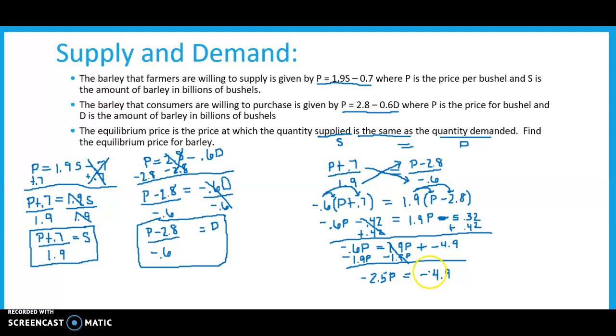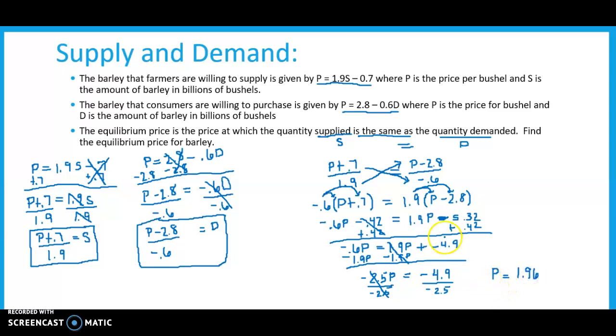My last step is to try to get p all by itself, and I do that by dividing, because right now it's multiplied. Keep the negative, so I divide by negative 2.5. I do that on both sides, and I get p is equal to 1.96.